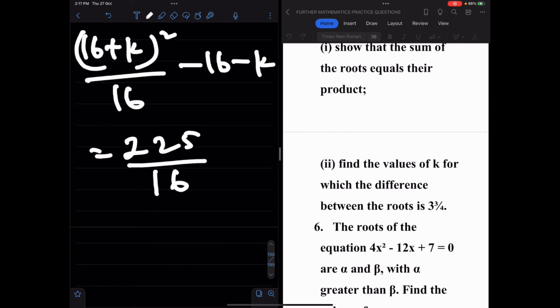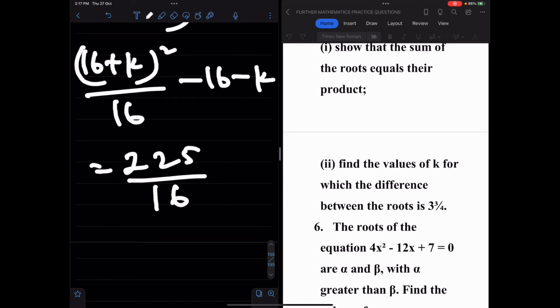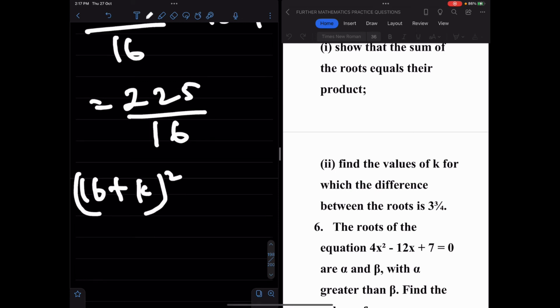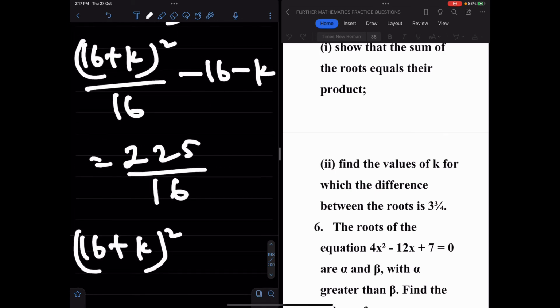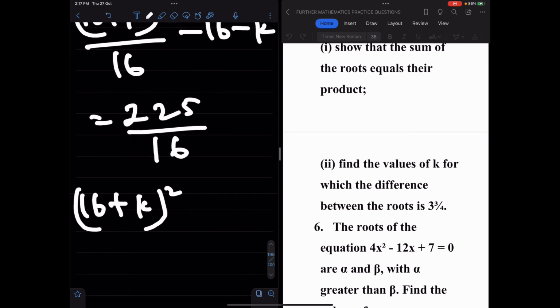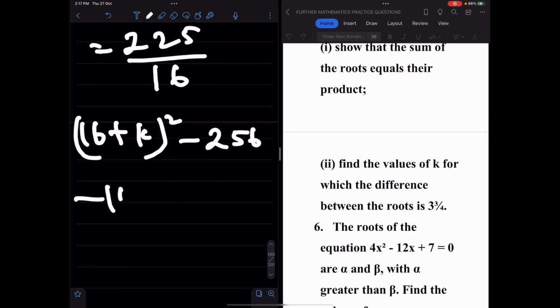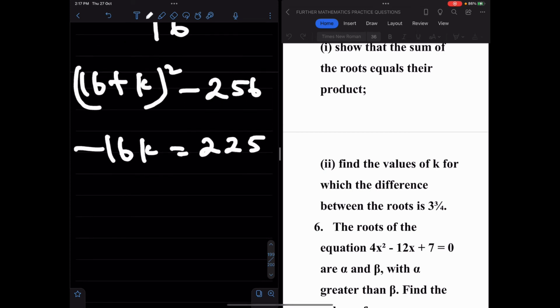Okay, clearing the fractions, what do I have? Let me clear the fractions. If I clear the fractions, I'm going to get 16 plus k all squared. That means I'm multiplying the whole of the equation by 16. I'm multiplying through by 16. Minus 256 minus 16k equals 225.